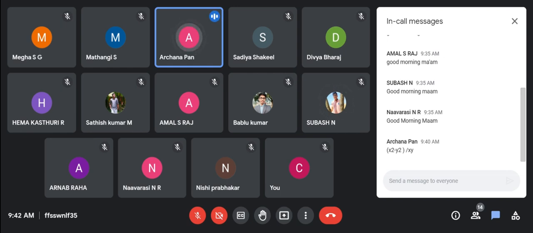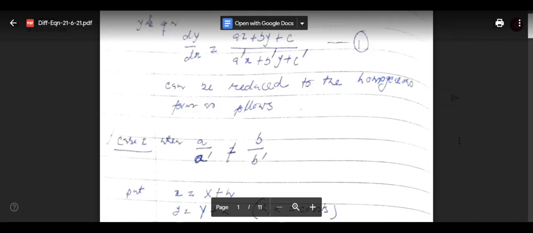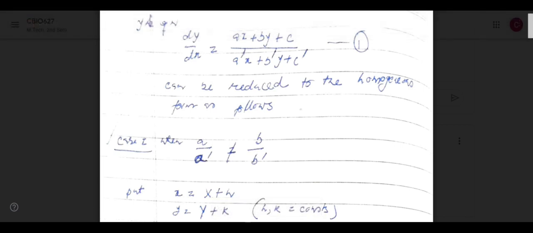A linear differential equation, how do you solve it? What is the standard form of a linear equation of the first order? That is also known as the Leibniz linear equation, no?